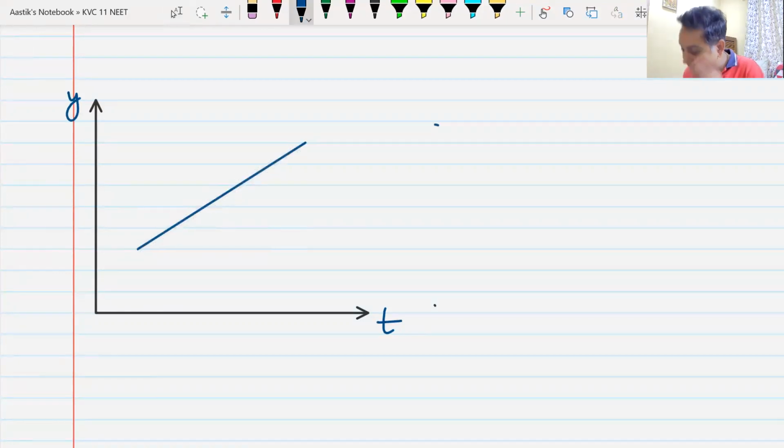If I draw the graph like this, what can you say about the slope of this graph? Slope of the blue graph?